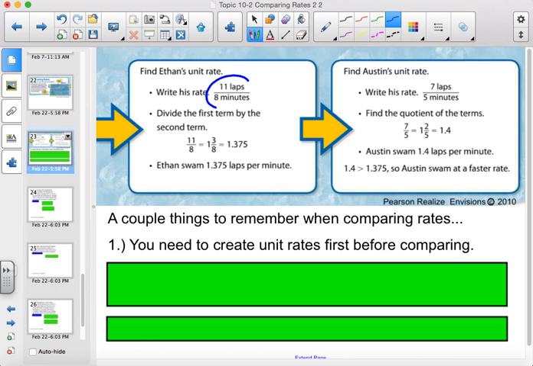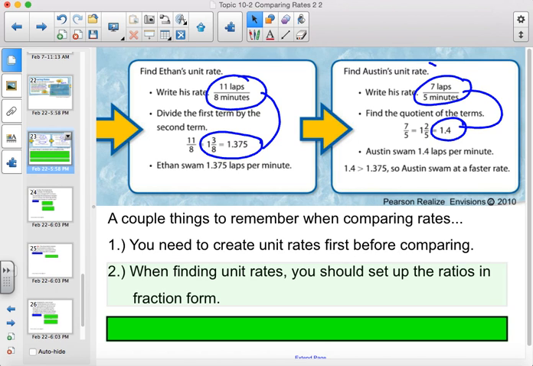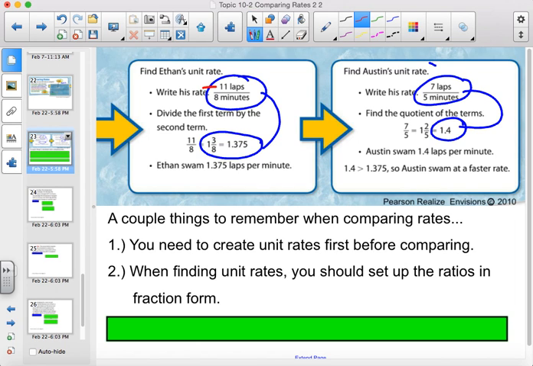They took this rate and they made a unit rate out of it. The second thing, when finding unit rates, you should set up the ratios in fraction form, just like we did up here. It makes it much easier to remember that you're dealing with a division situation.